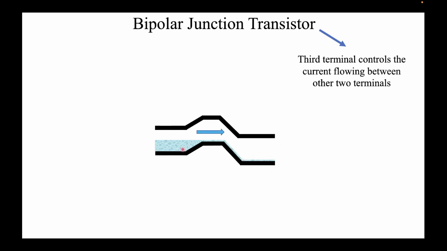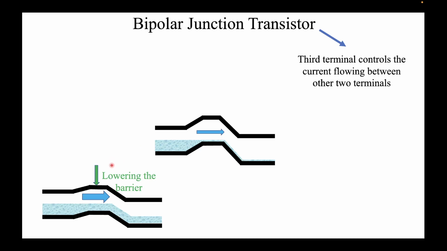So this is the supply side, where we are supplying the water, and this is where we are collecting the water. You can see some amount of water can flow. Now the question is, is there any way that we can lower this barrier or increase this barrier? If we lower this barrier, you can clearly see that on the left side the water level remains the same, however now more water can flow. The middle part is the barrier, the left part is the supply, the right part is where we collect the water.